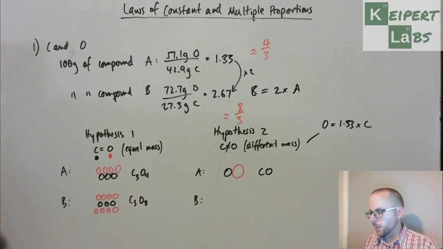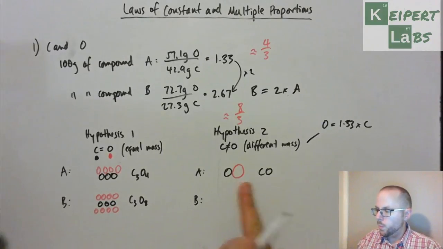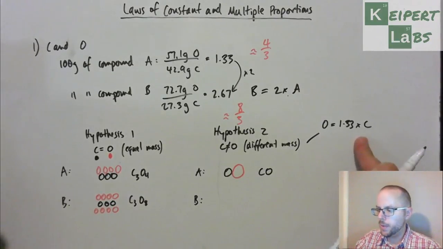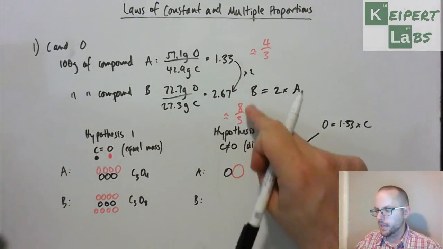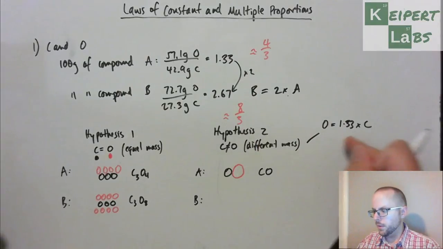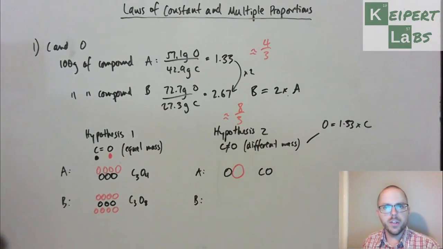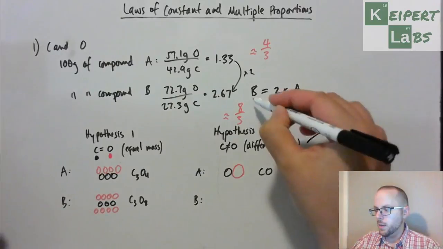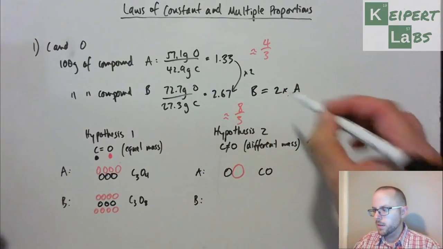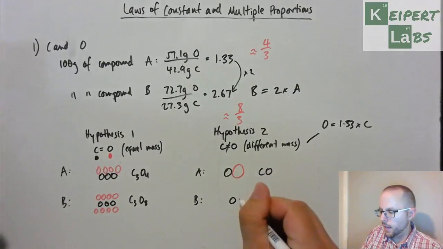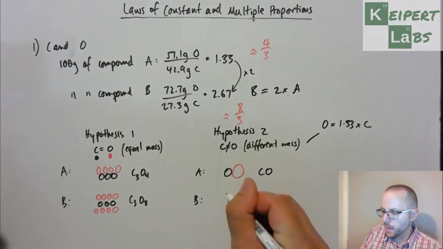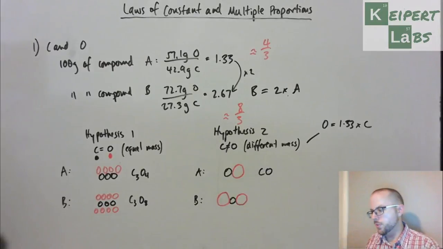Then how do we account for the other compound? We know an oxygen is 1 1/3 times the mass of carbon, and that B is double A. So maybe the way we can account for it is to say we still have one carbon, but we now have two oxygens.